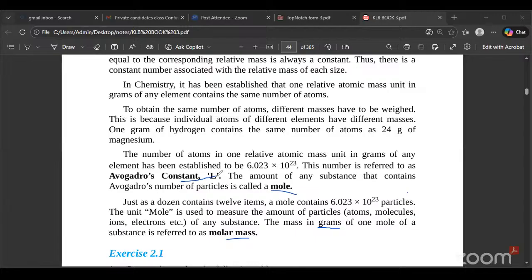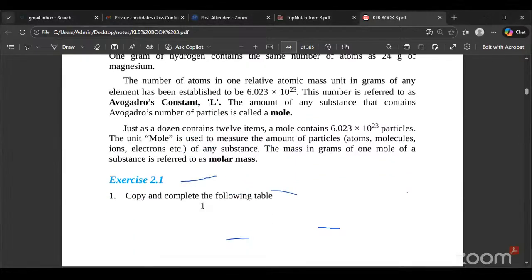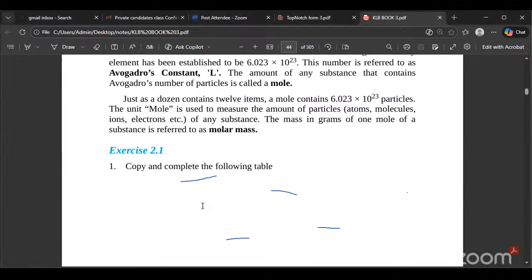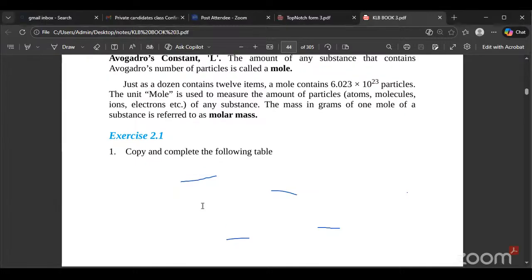Before I continue, what is the relationship between 1 mole, molar mass, and L? Because I already gave the relationship. The relationship is actually in the definition of those terms. Does anyone know that relationship before I continue? Somebody has an idea of that relationship?